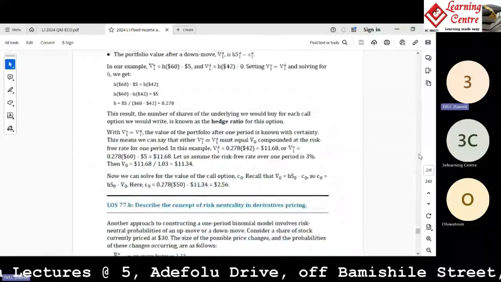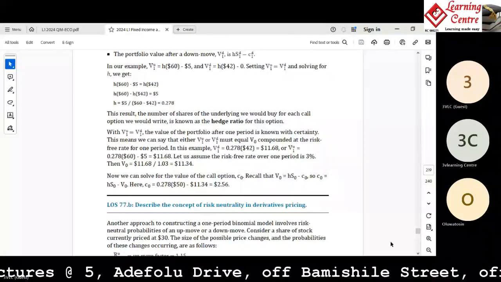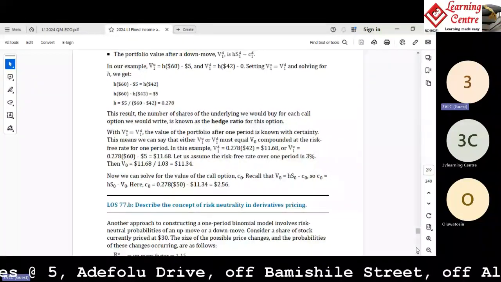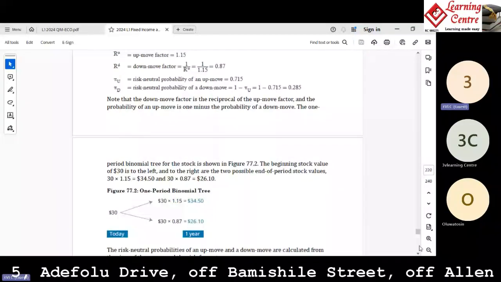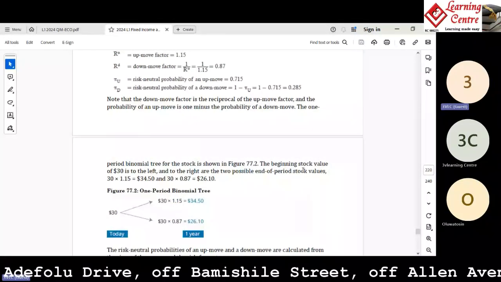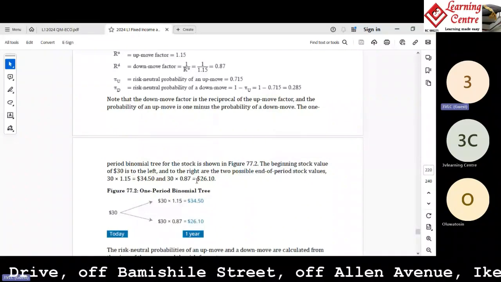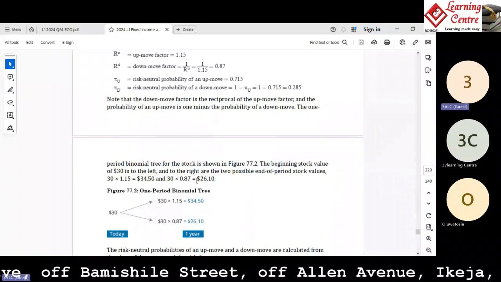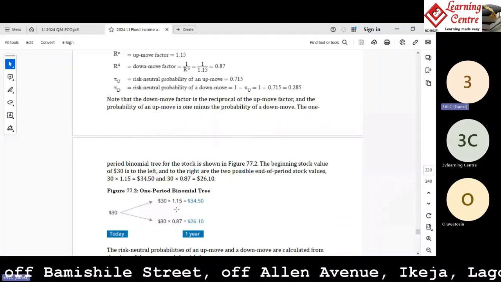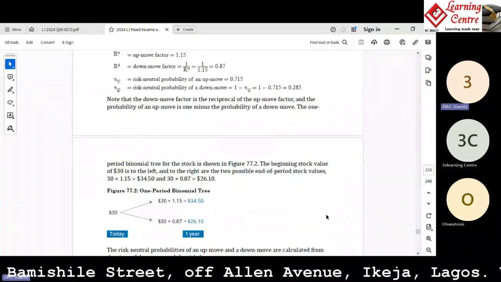Before we get to the risk factor, this calculation I've done is this. You will be given a stock price, which is the beginning value, and then you'll be given two possible values, which is the 1.15 and the 0.87 that we just did.